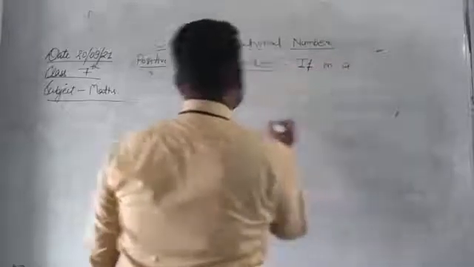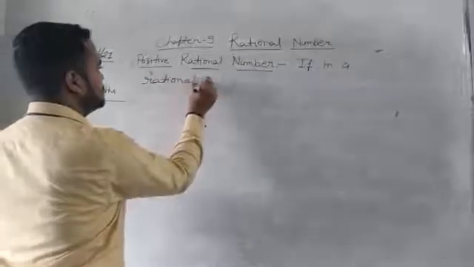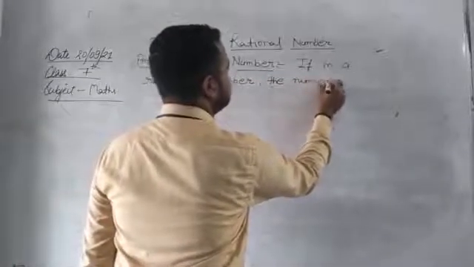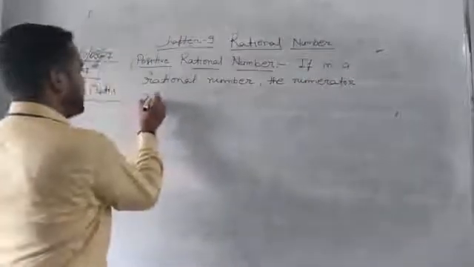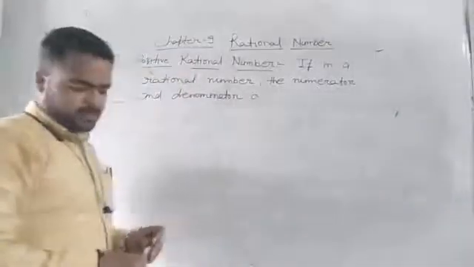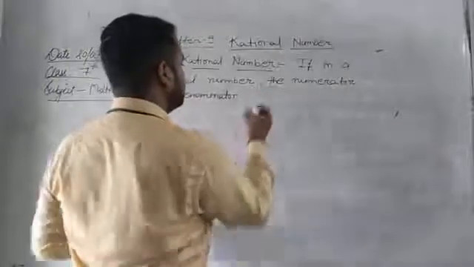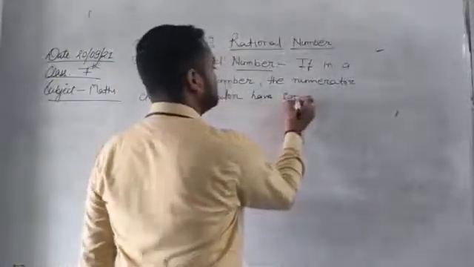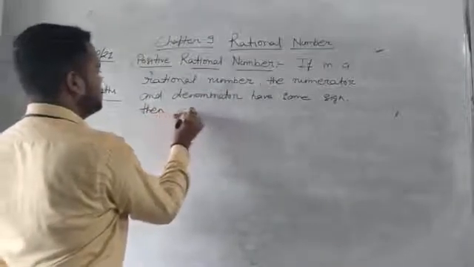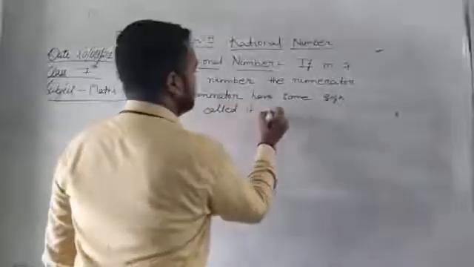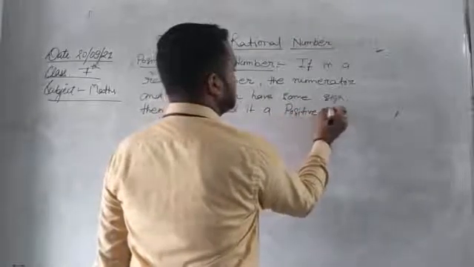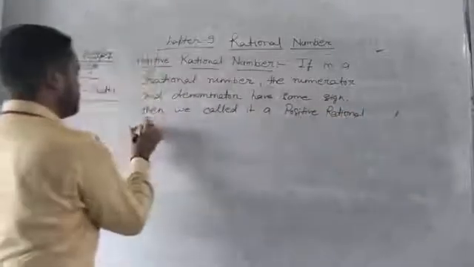If in a rational number the numerator and denominator have the same sign, then we call it a positive rational number.